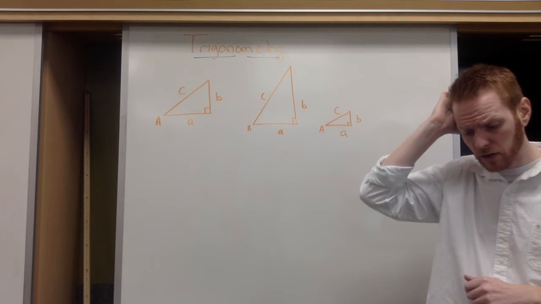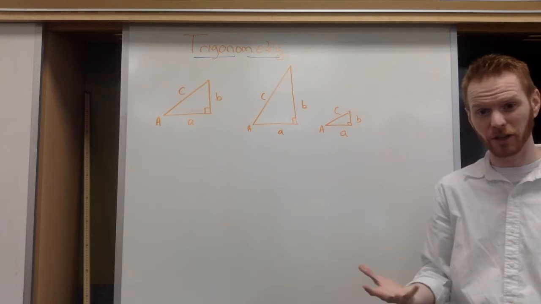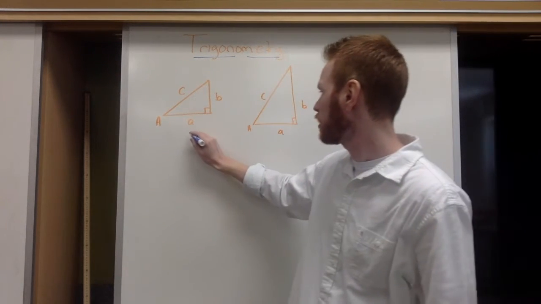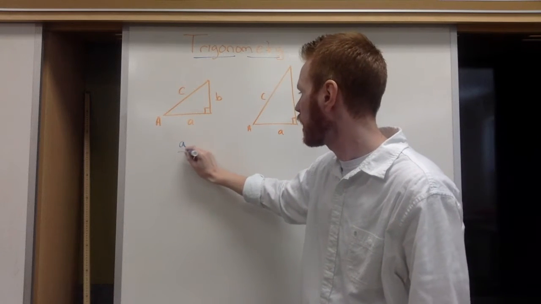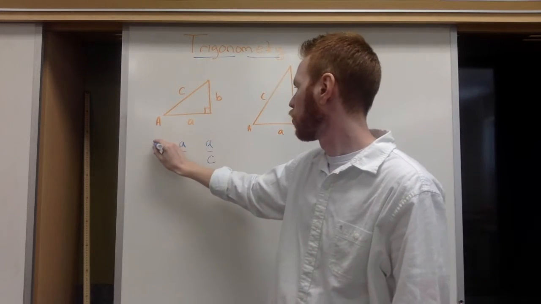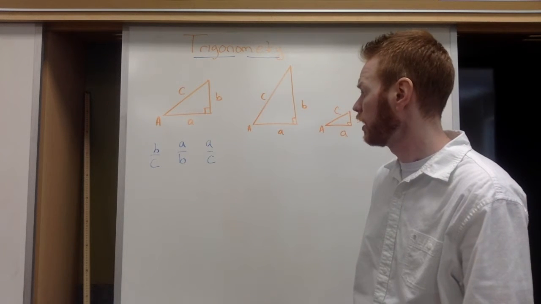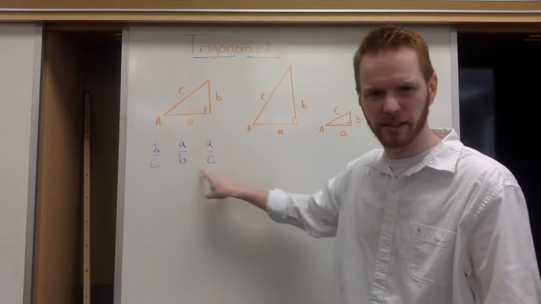Now, when we make comparisons, especially when we talked about similarity, we talked about ratios, right? Ratios are those comparisons. So for instance, if we just look at this triangle, I could compare the measurements a to b, or a to c, or b to c. But I need to have some sort of name for these.